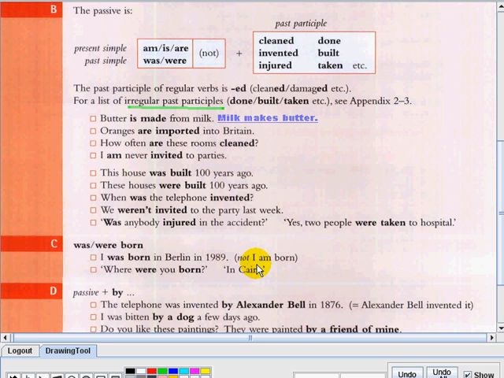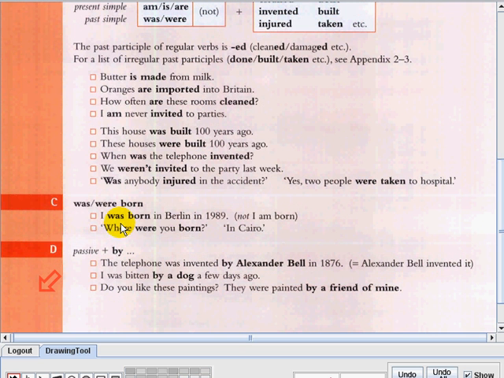Alright, because we have here I. We use was there because our pronoun is I. And we use were because we have here you before the word were.